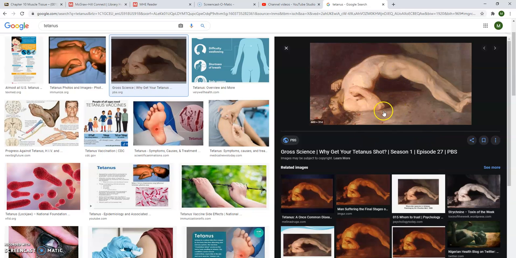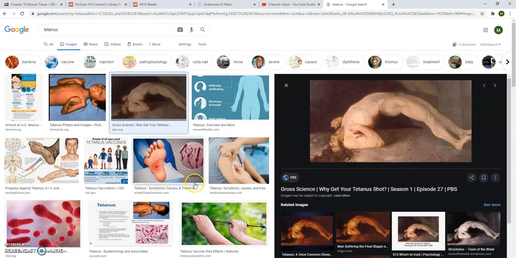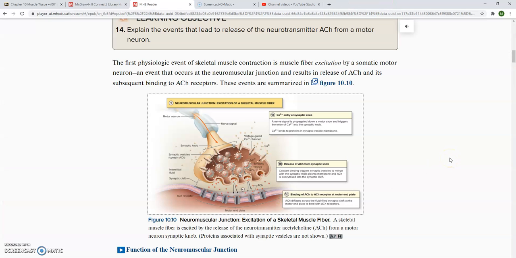So pretty scary condition. So that's why we get a tetanus shot vaccine. We call it a tetanus shot, but it's a vaccine that will protect us if we get those tetanus organisms. If we would come in contact with them, it would neutralize those toxins before they actually were able to affect our motor neurons.